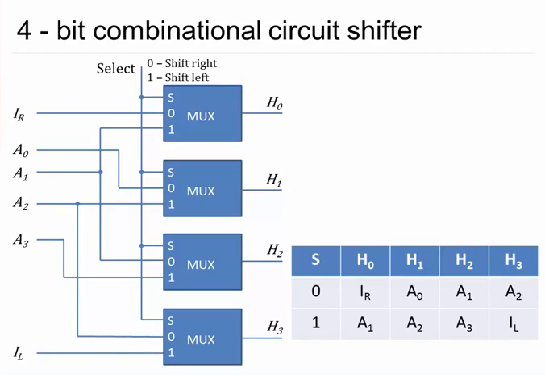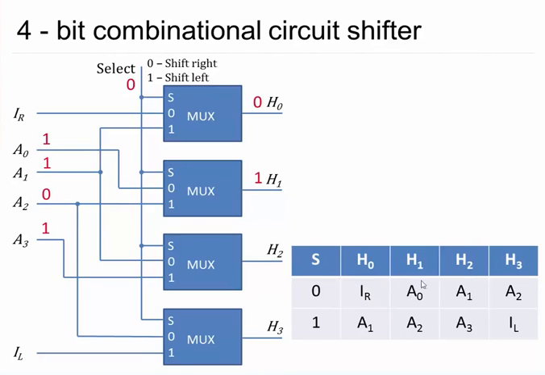Now let's see an example. We want to perform the logical shift right on 1 1 0 1. Logical shift right, so 0, but naturally the select line we need to select to be 0 for the shift right operation, which we had done. Okay, now the shift right operation, so over here the first bit would be 0, as you can see from the function table. So now H1 would be A0, so A0 is 1, it goes to H1.